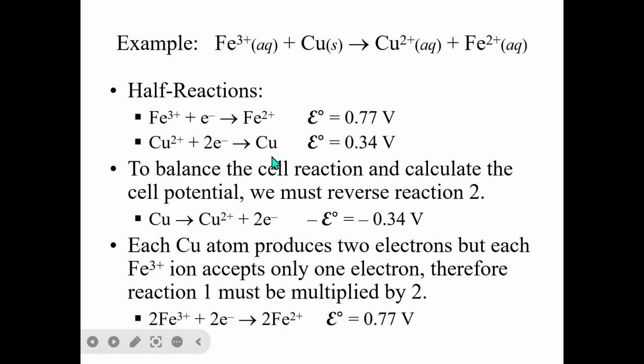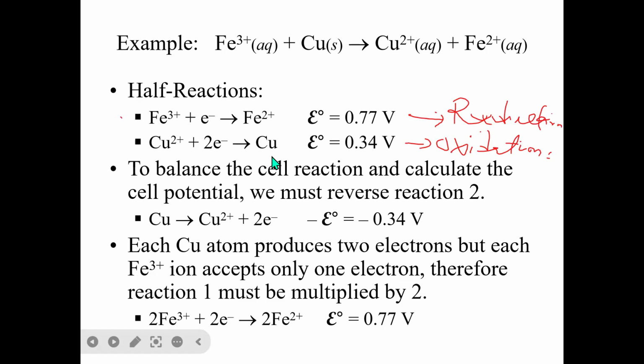The higher the value, the higher the oxidizing property. So it means that this one will undergo reduction, because it has the higher value. And the one with the lower value is going to undergo oxidation. So this is what we have.